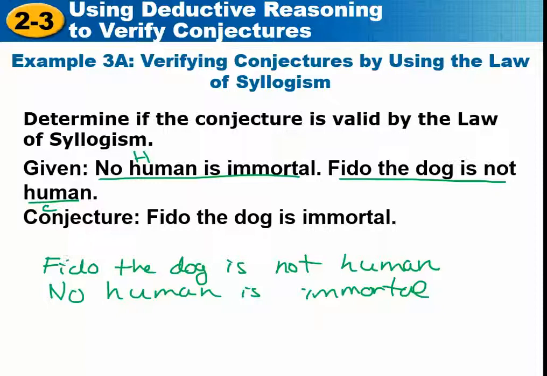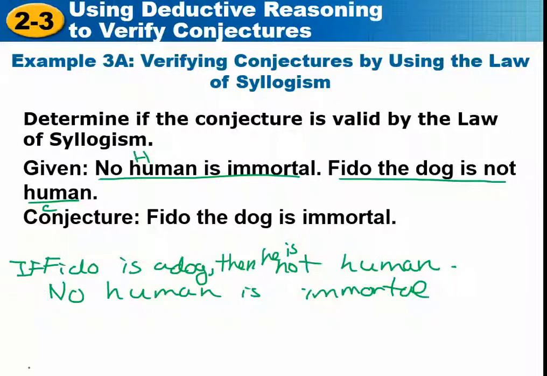If Fido is a dog, then he is not human. Let's change it to that.